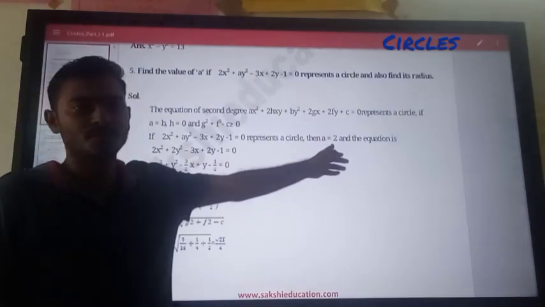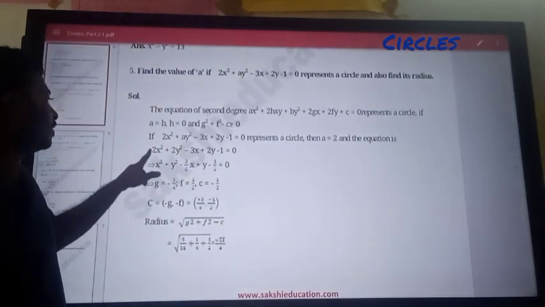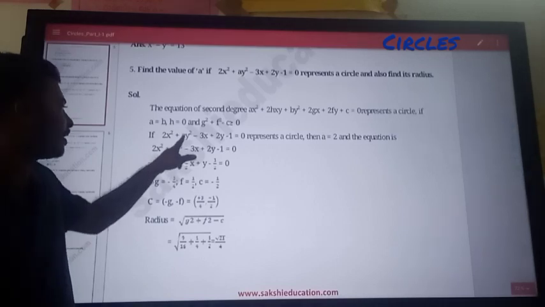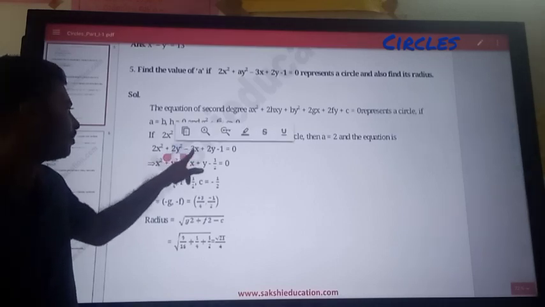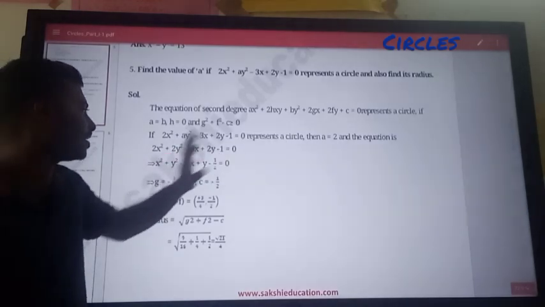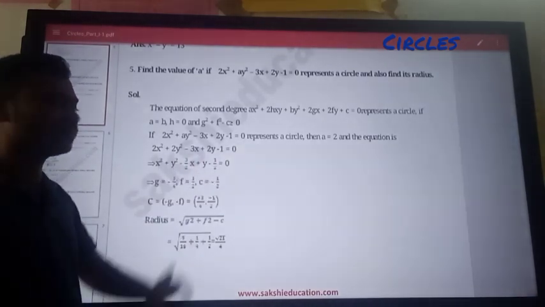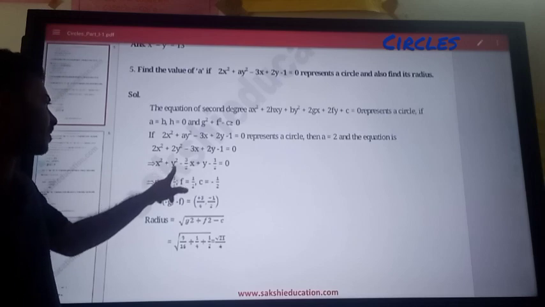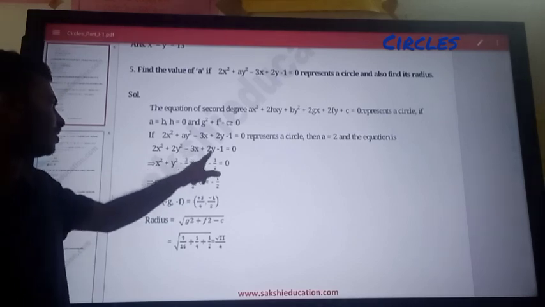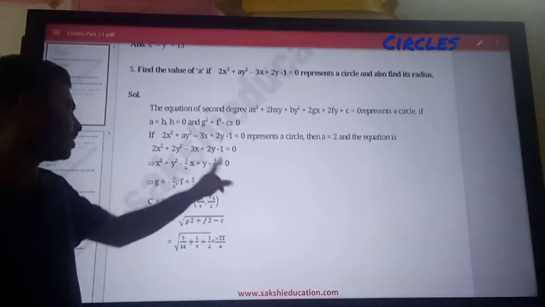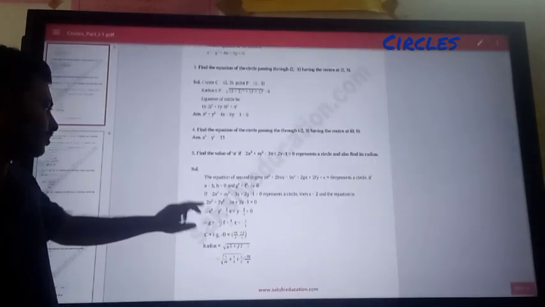A value is 2 and the equation is 2x² plus 2y² minus 3x plus 2y minus 1 equal to 0. So by dividing by 2, this equation becomes x² plus y² minus 3/2 x plus 1 y minus 1/2 equal to 0.